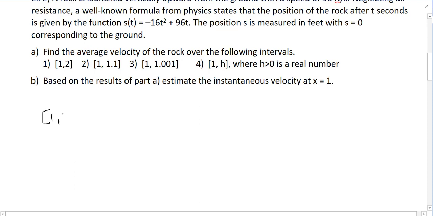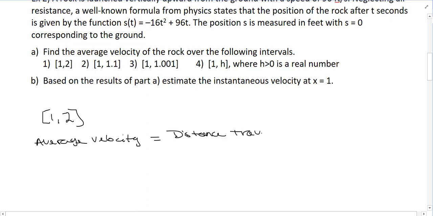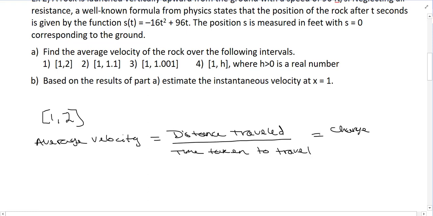We know from above that the average velocity is distance traveled divided by the time taken to travel. So what does that mean when we have a position function? So that means essentially the distance traveled is going to be the change in position, and then divided by the change in time.